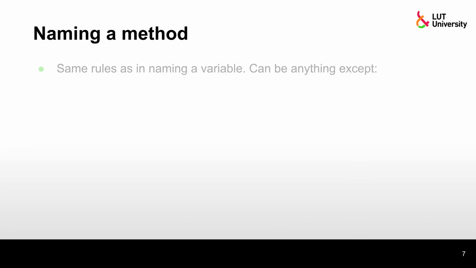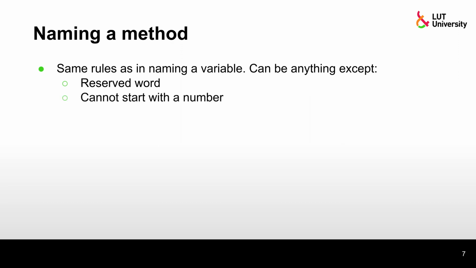How to name a method? The same rules as in naming a variable. The name of a method can be basically anything except a reserved word like float or double. They are reserved for variable types, so they cannot be used as a function or method name.